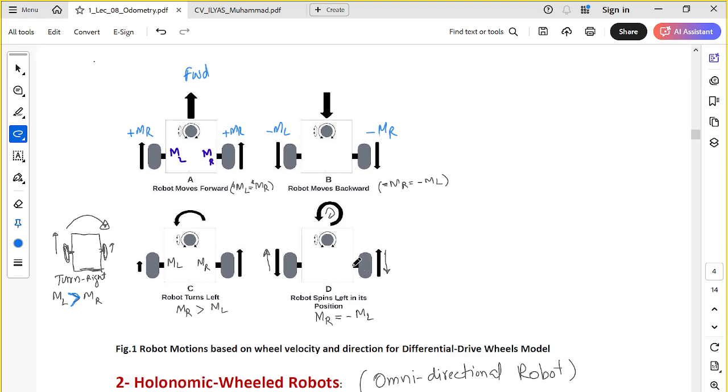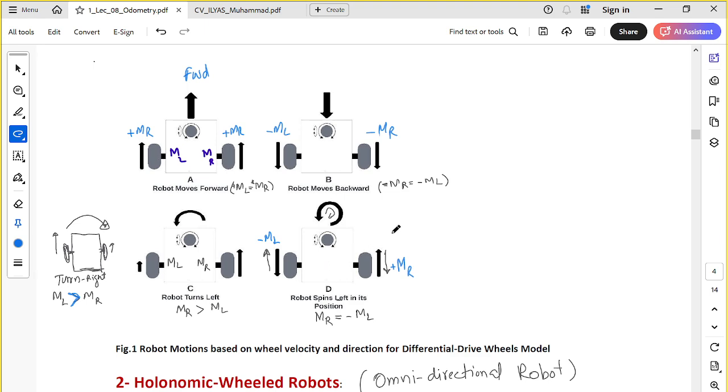Similarly, if you want to turn in place, meaning you just want to rotate your robot in place, like this or like this, clockwise or anti-clockwise, you keep the speed the same, MR equal to ML, but one motor is rotating in the positive direction and one is rotating in the negative direction. So in this case, you can achieve turn in place, spinning of your robot.